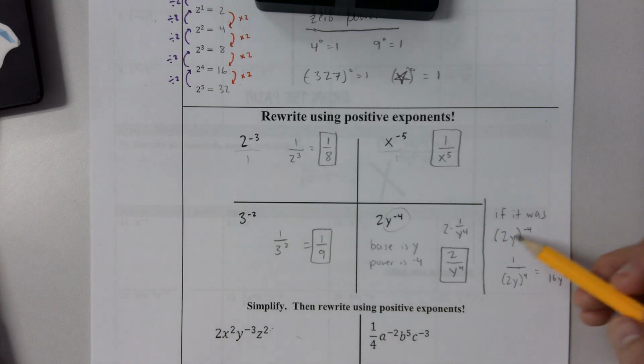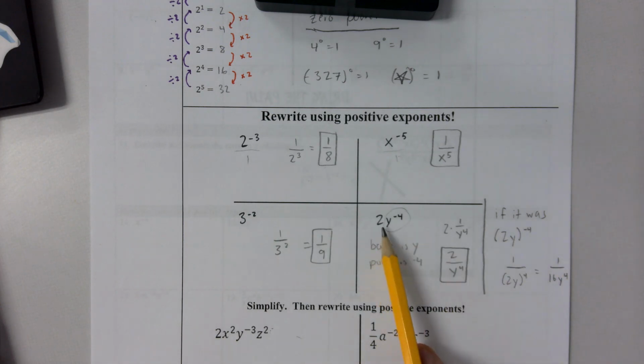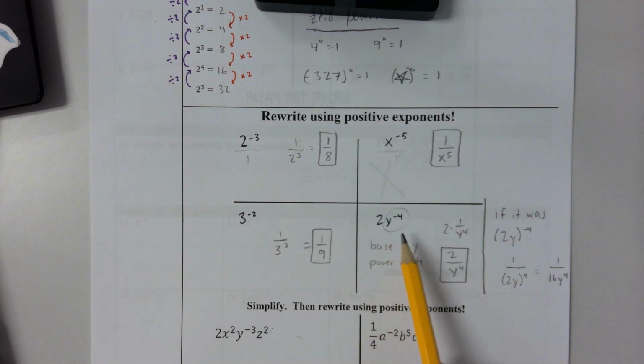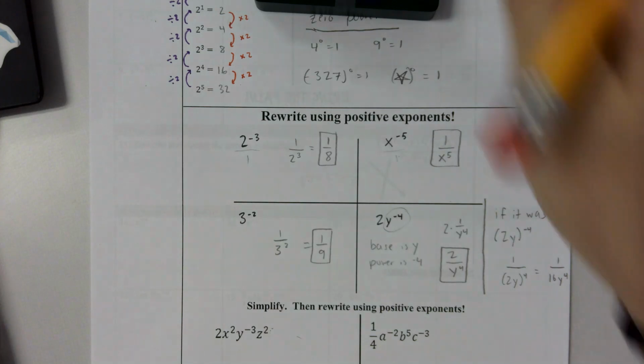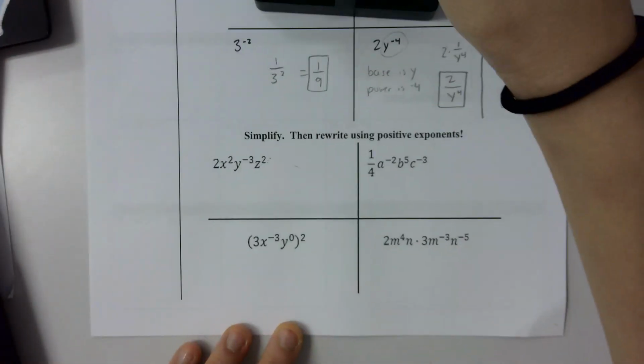So see how the parentheses changed a lot, right? This one didn't have a parentheses, so it was just this guy moving to the bottom, or moving to the other side of the fraction bar. But if there was a whole parentheses, then you would apply this negative 4 to the whole thing. So you just want to be really careful, because I saw a lot of mistakes like that in the previous unit. And it makes sense because it is confusing.